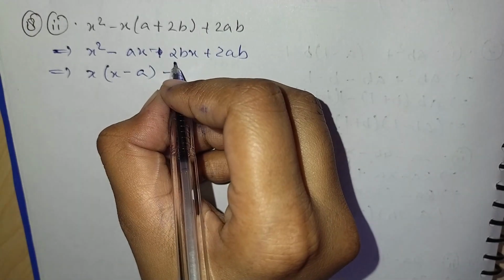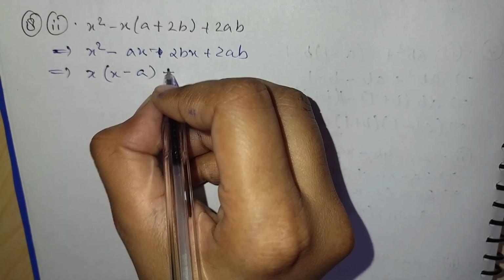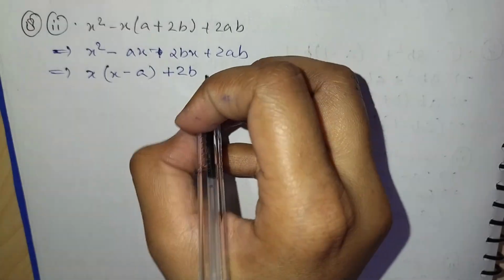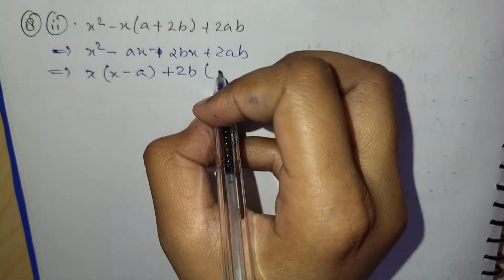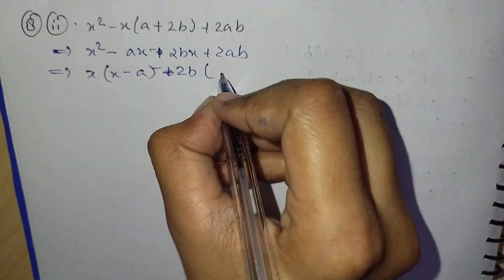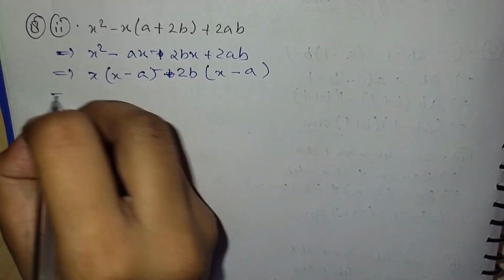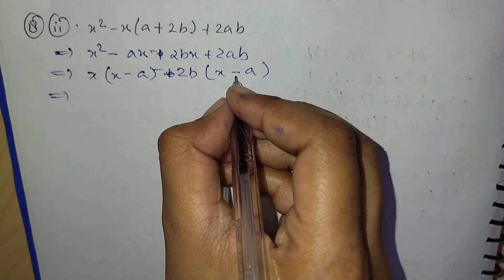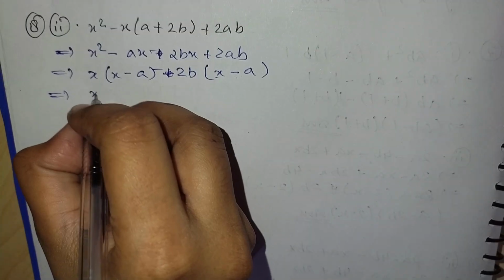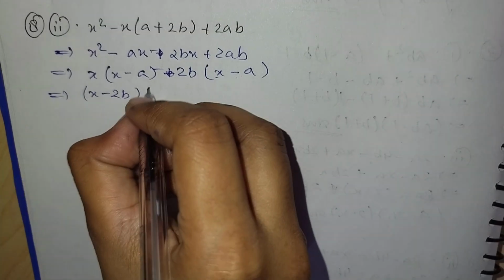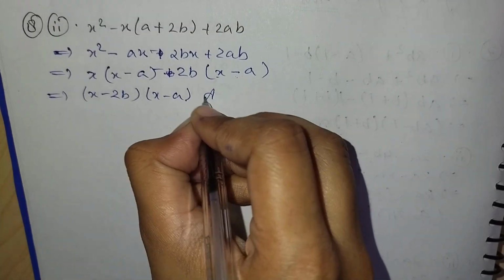Here we will take common plus 2b, so minus 2b we will take as common. So we will get x minus a as the value here. Now it becomes x minus 2b and x minus a as the answer here in this question.